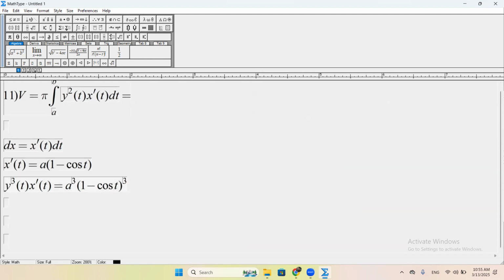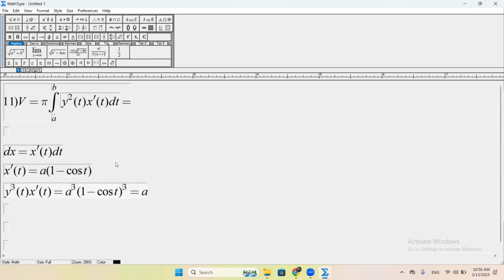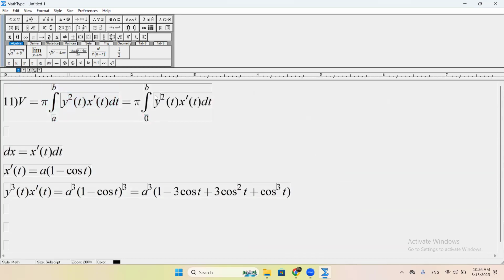So let's write everything in brackets: a cubed times (1 minus 3 cosine of t plus 3 cosine squared of t, and plus cosine cubed of t). So now we have to calculate the following integral from 0 to p.